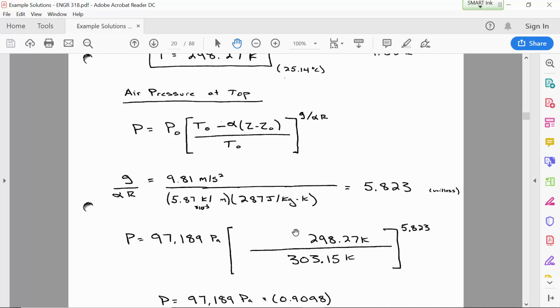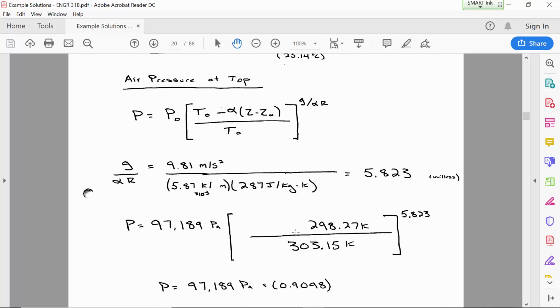Now, the air pressure, the reason why your ears pop on the way up, is here in the numerator, inside the brackets, it will be the temperature aloft. The denominator would be the temperature down below, and then this exponent factor that we're using, g divided by alpha times R, it's unitless. That's a unitless term once we combine everything that goes into it.